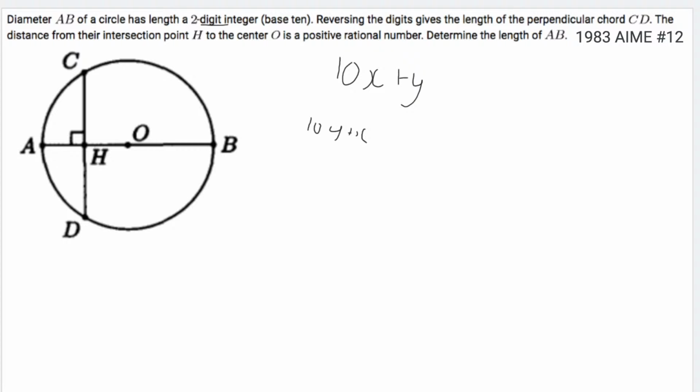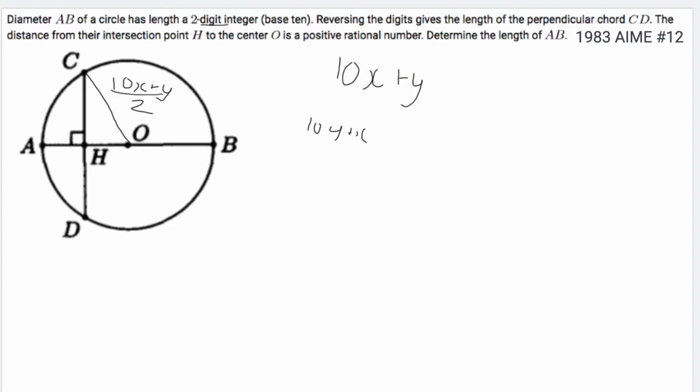That means CO is just one of the radii, which is half of AB, so CO is 10x plus y over 2. And then CH is half of CD, because if you have a diameter that is perpendicular to a chord, the chord is divided into 2 equal segments.